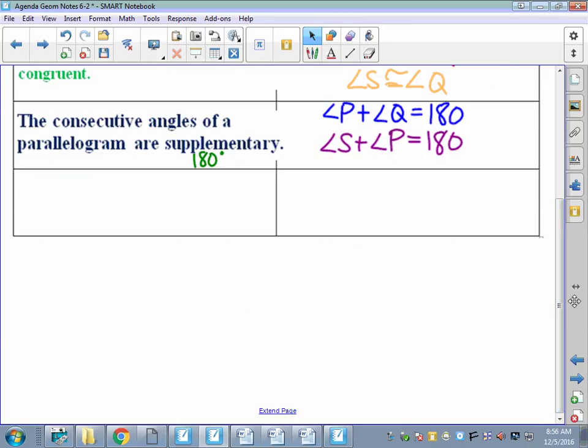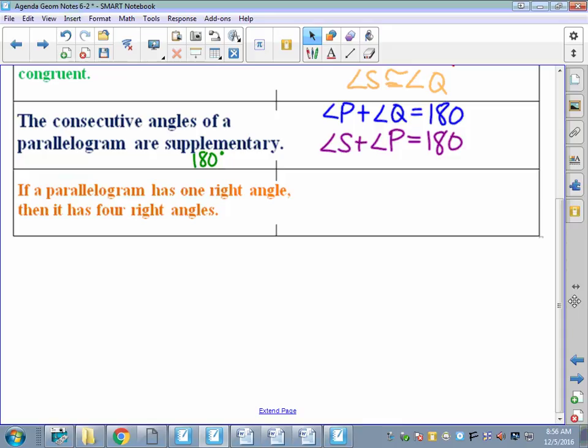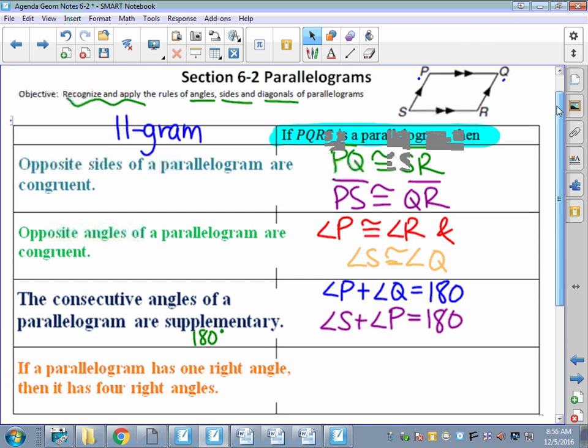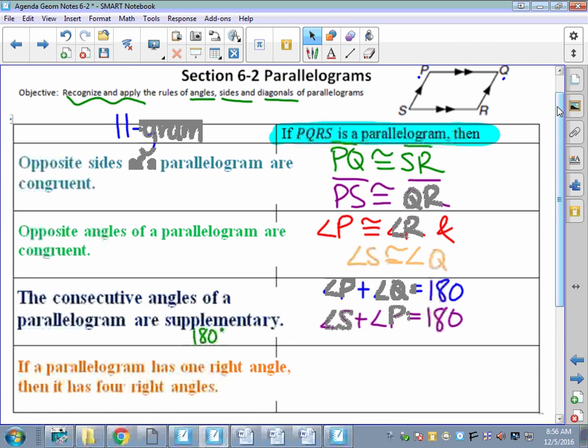And last but not least, we've got to talk about diagonals. Oh, we're not going to talk about diagonals yet. Hold on. If a parallelogram has 1 right angle, then it has 4 right angles. So what we could say up in this diagram, again, I'm telling you that PQRS is a parallelogram.